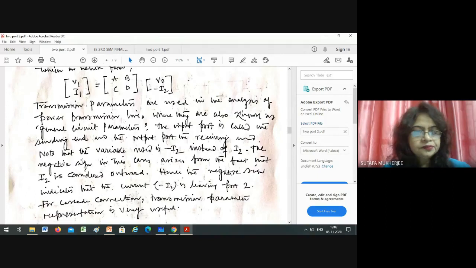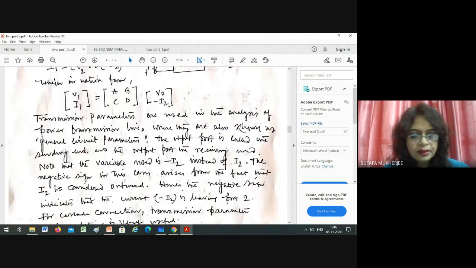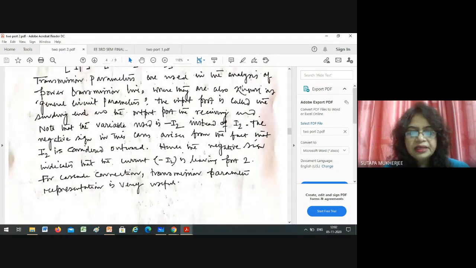Note that the variable used is minus I2 instead of I2, because the negative sign arises from the fact that I2 is considered outward. Hence, the negative sign indicates that the current minus I2 is leaving port 2. For cascade connection, transmission parameter representation is very helpful.